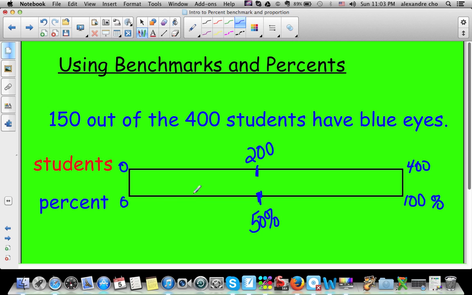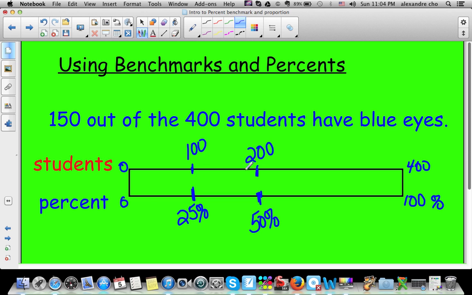Well, if I have 50, I can also locate the halfway mark between 0 and 50, and half of 50 is 25%. And half of 25% means, let's see on the top, half of 200 means 100. So I have my benchmark 50%, which means 200 kids. Or if I said 25%, it means 100 kids.